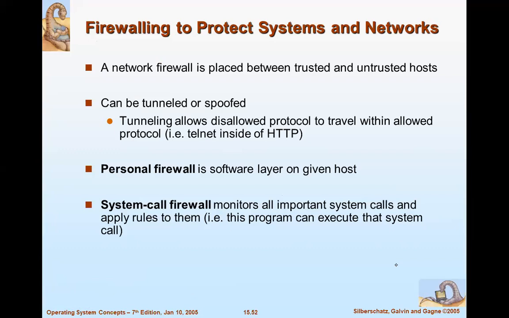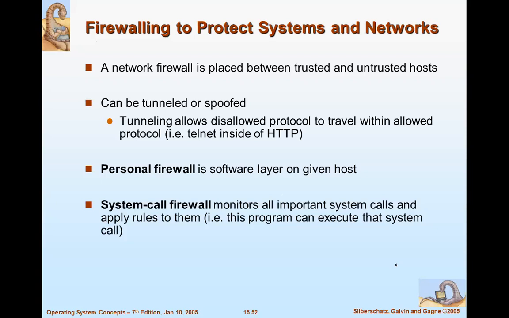The firewall can sometimes be tunneled or spoofed, where tunneling allows a disallowed protocol to travel within an allowed protocol. Here we can give the example of Telnet inside HTTP. Telnet is the most famous protocol with the help of which you can access a system from a remote location.